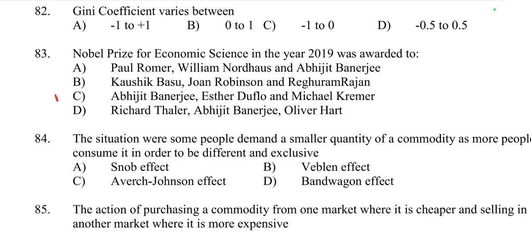Yes, this is C. The Nobel Prize in Economic Science in 2019 was awarded to Abhijit Banerjee, Esther Duflo, and Michael Kremer, for their experimental approach to alleviating global poverty.